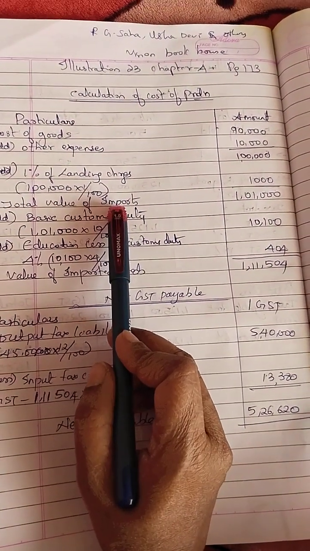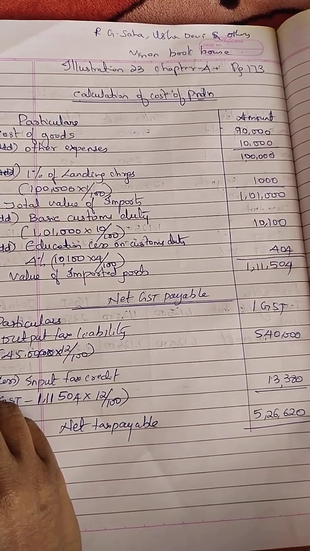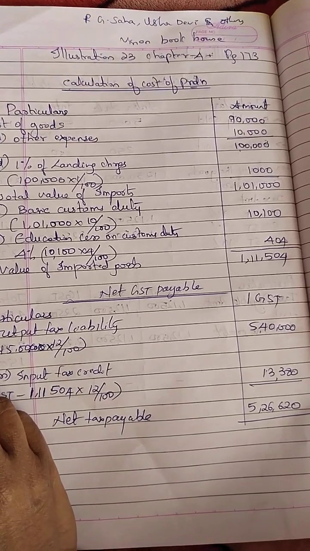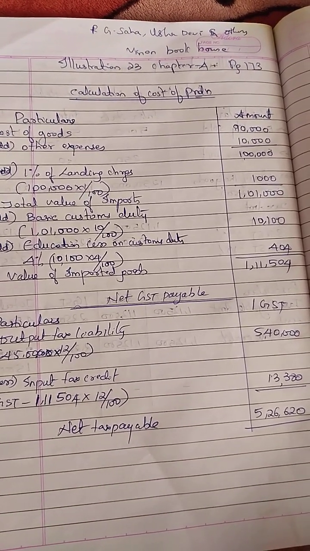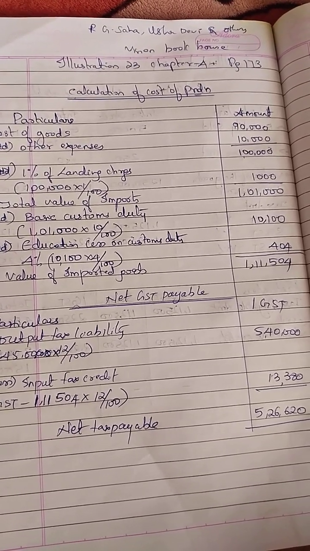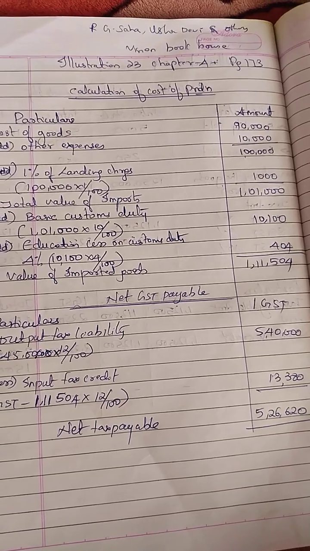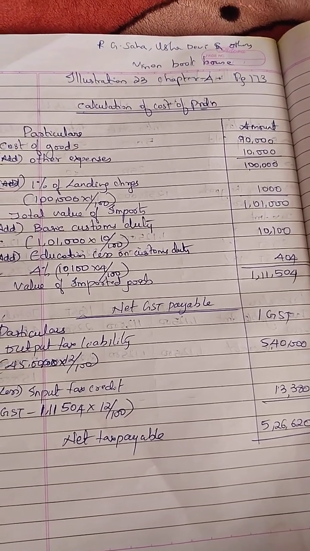Now apart from that, there are also other adjustments which are given in your textbook. That is, the manufactured goods were sold in the customs warehouse for rupees 45 lakhs. The rate of GST is 12% and the BCD is 10%, which is chargeable on imported goods.